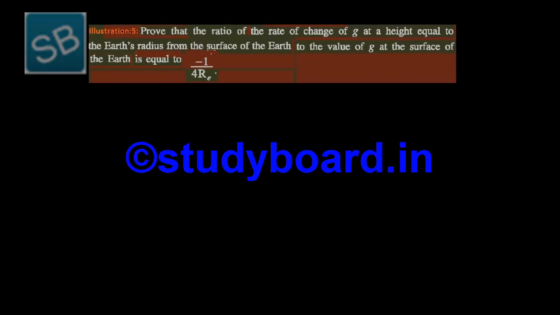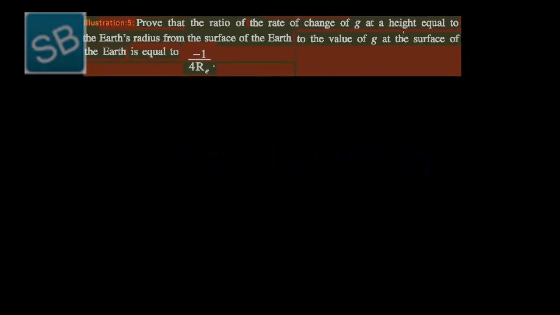Illustration number 5. Prove that the ratio of the rate of change of gravitational acceleration at a height equal to the Earth's radius from the surface of the Earth to the value of g at the surface of the Earth is equal to minus 1 over 4 RE.